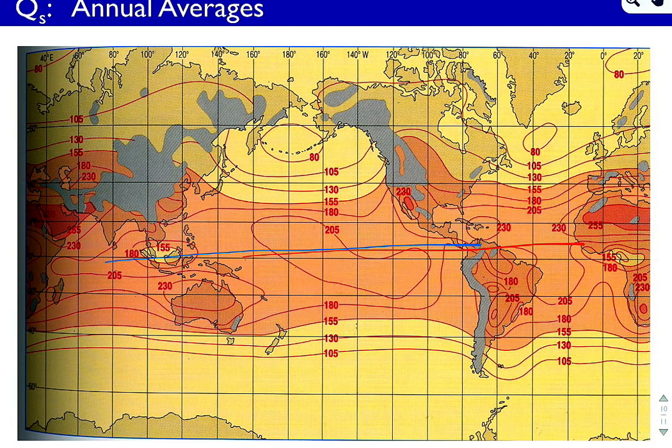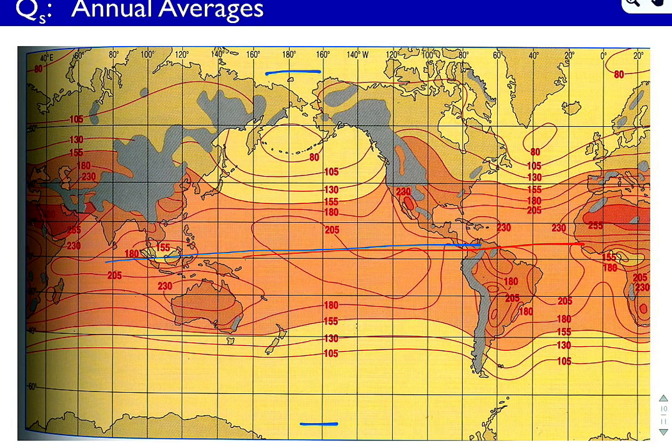And again, you have your S over 4, that's the average received on the planet, and then you have the albedo effects acting to reduce that S over 4 further down to a peak of about 300 watts per meter squared, and when you get to the polar region, it's under 100 watts per meter squared because the sun is so low in the sky for at least half the year.